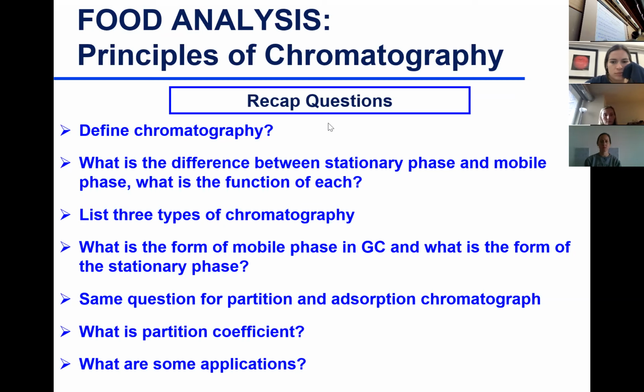Okay, so the mobile phase in gas chromatography is gas. Usually when we say gas chromatography or liquid chromatography, we're referring to the mobile phase. And then the stationary phase in the olden times was solid.